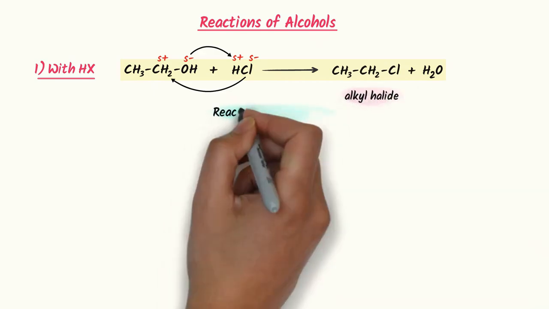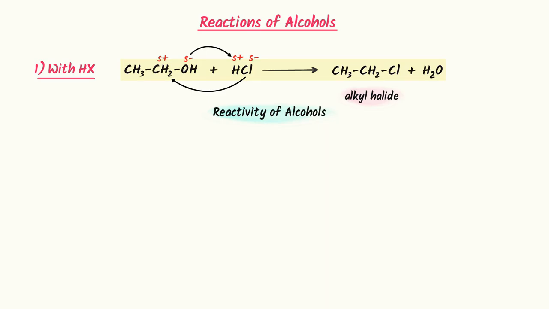Now we will learn reactivity of alcohols with hydrogen halides, which is very important. The reactivity of 3-degree alcohol is very high than 2-degree alcohol. The reactivity of 2-degree alcohol is high than 1-degree alcohol. It is because 3-degree alcohols form stable carbocation, due to which it quickly reacts with hydrogen halide.